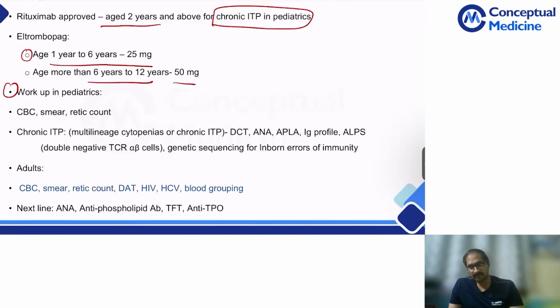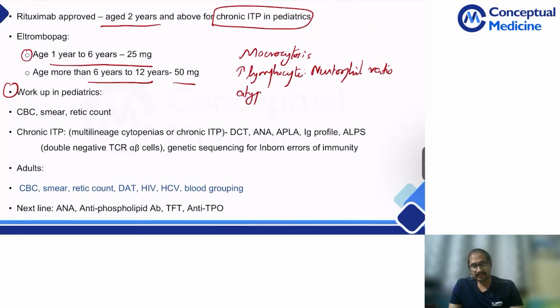If ITP children have macrocytosis or a high lymphocyte neutrophil ratio, or patients have atypical cells in the smear, in these patients you perform bone marrow examination to rule out either aplastic anemia or leukemia.